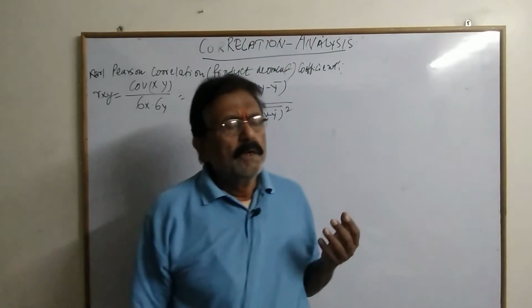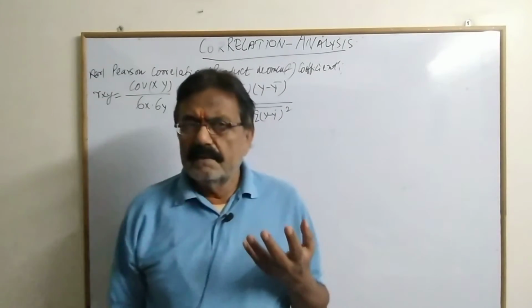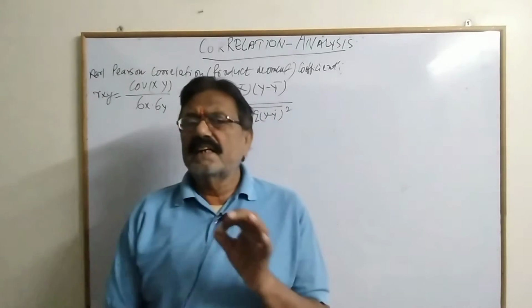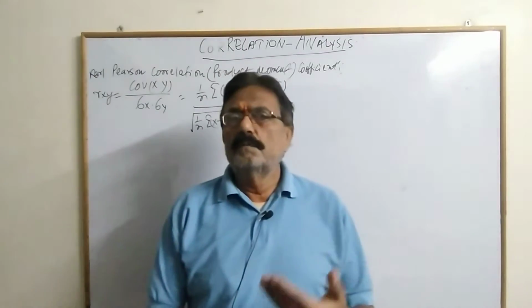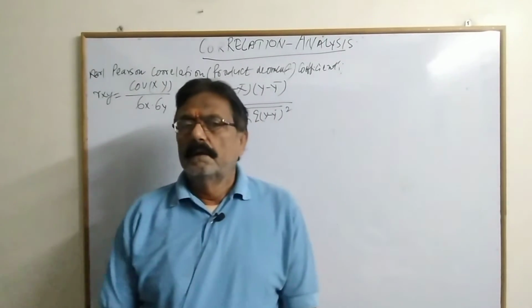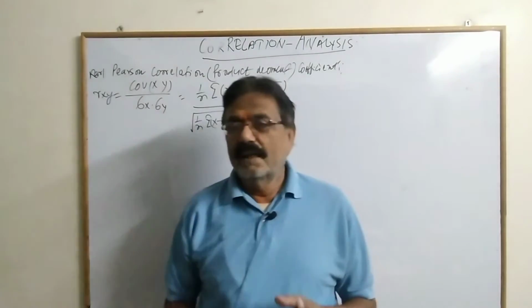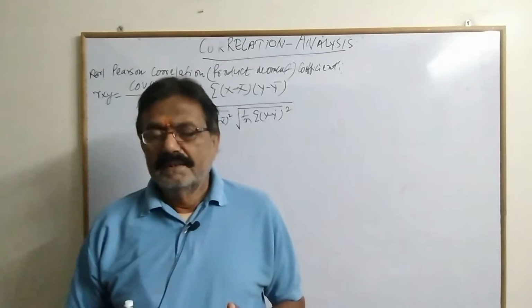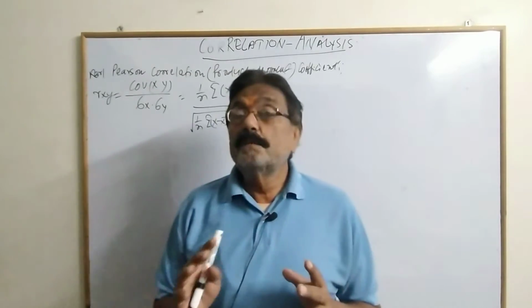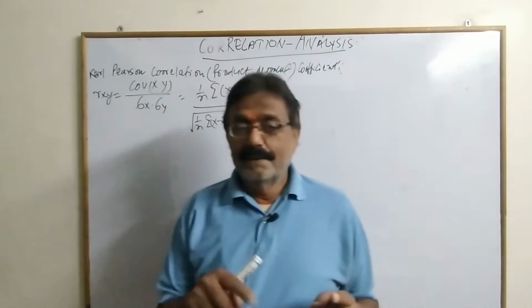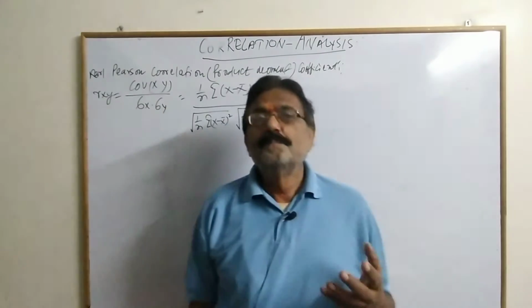Now, when we try to investigate the correlation between two variables x and y, first of all we draw the scatter diagram relating to the given data. When we draw the scatter diagram, we get 5 kinds of diagrams showing different patterns of scatter of the points in a 2D diagram.